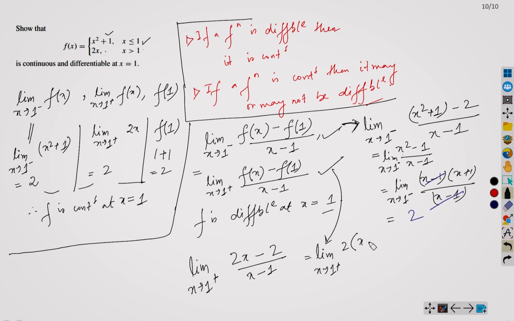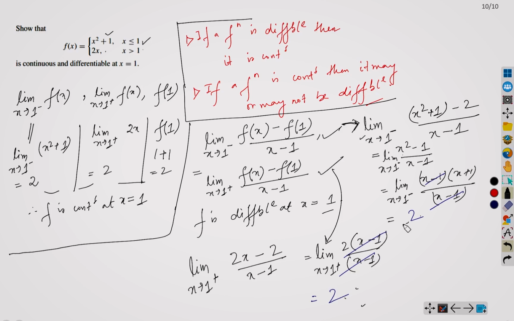So we have 2 times x minus 1 upon x minus 1. Same way, x minus 1 gets cancelled out because x is not exactly equal to 1; it is close to 1 but not 1. Therefore we can cancel it. Simplifying, we obtain 2. Now observe that the left hand limit and right hand limit exist and they are equal.